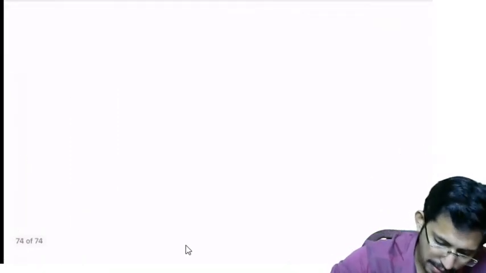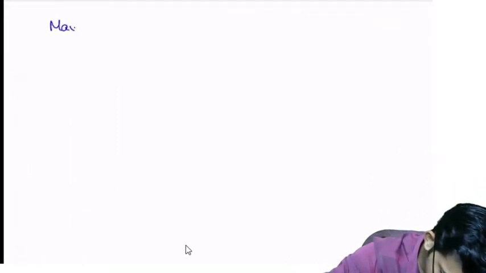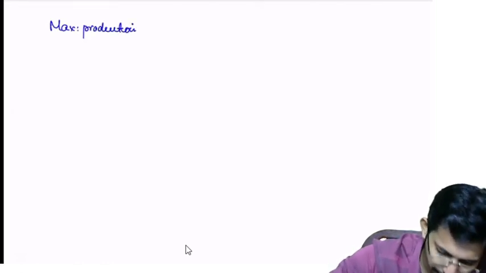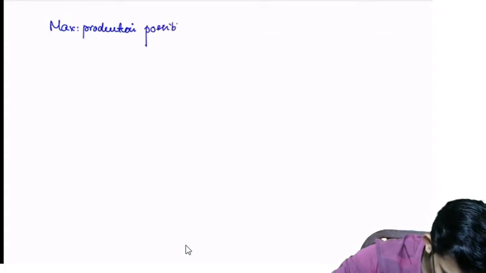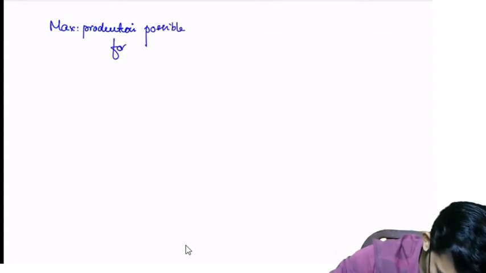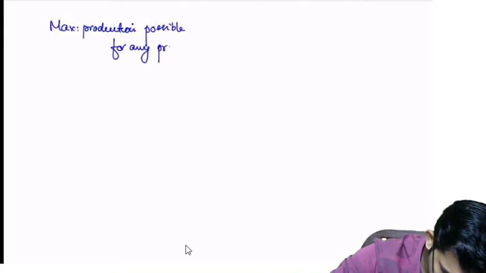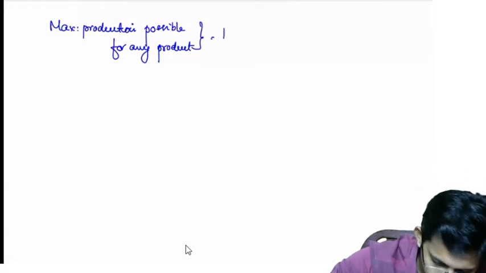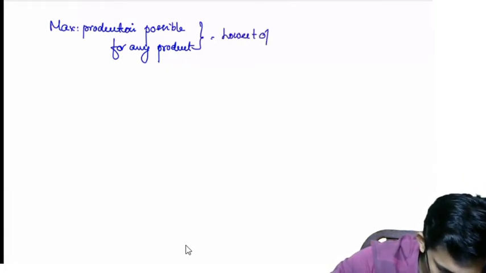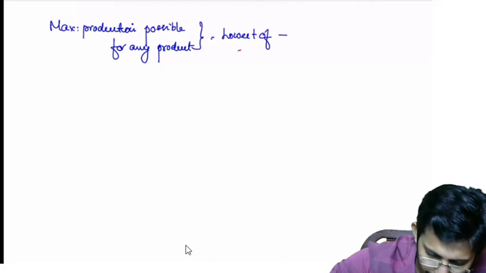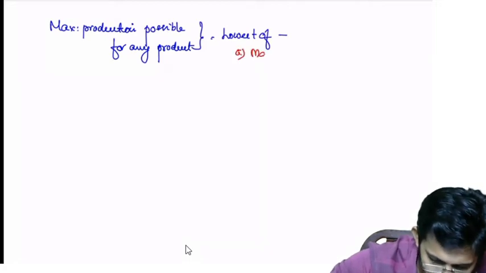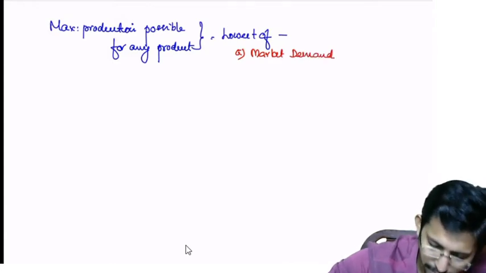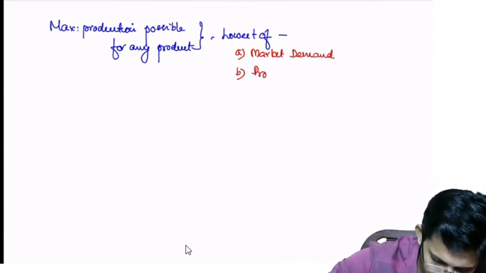And maximum production possible for any product is equal to the lowest of A, market demand, B, production capacity.